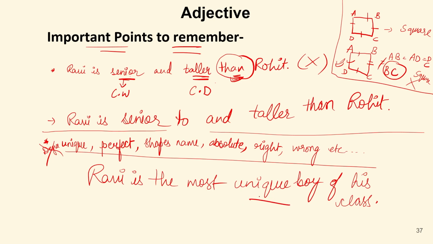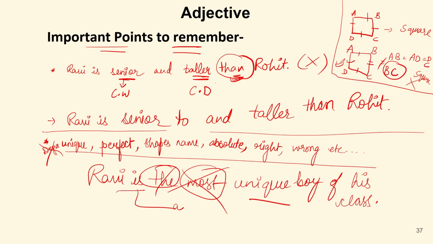It means Ravi is a unique boy. But here we have written the word most, which is incorrect because we cannot convert this word into superlative or comparative. If the person is unique, it means it is unique. There is no concept of more or less with this. So here remove most and the as well, because the is used because of the superlative degree only.